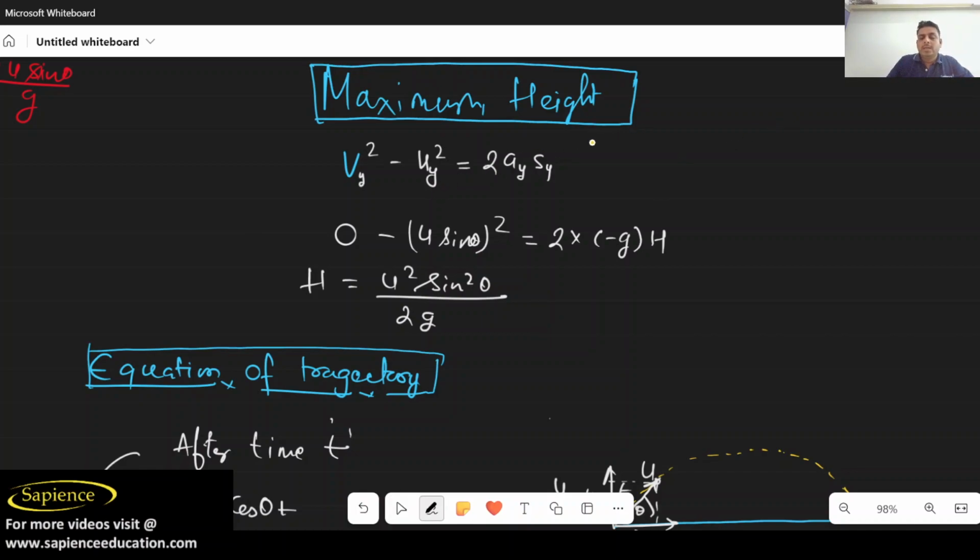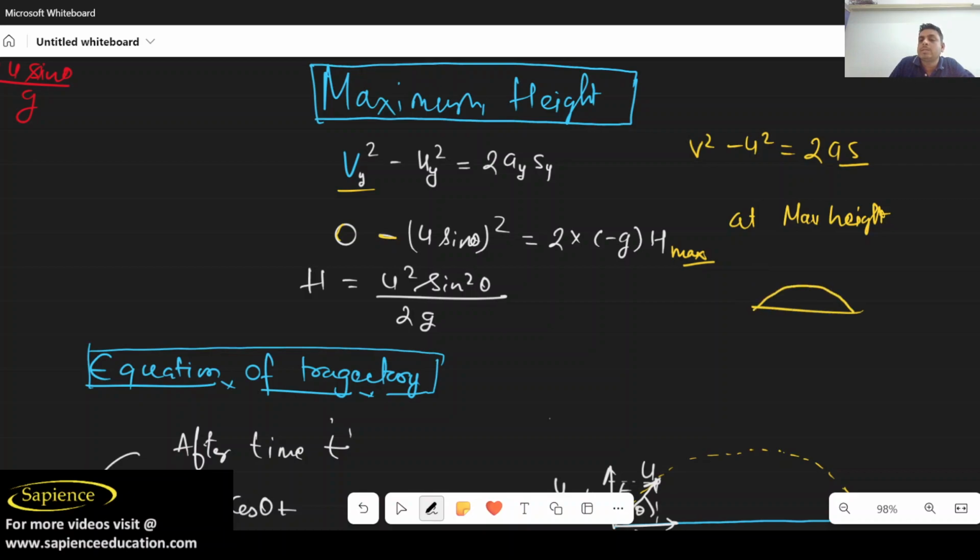Can we use this formula? We know the general equation v square minus u square equals 2a into displacement. We are talking about the y component, so vy square minus uy square is equal to 2 times the acceleration in the y direction into sy. The final velocity at maximum height will be 0 and the initial velocity was u sin theta, whole square, and this is equal to 2 into acceleration due to gravity, which is minus g because it is acting downward, and h is h maximum, because that is the maximum displacement.